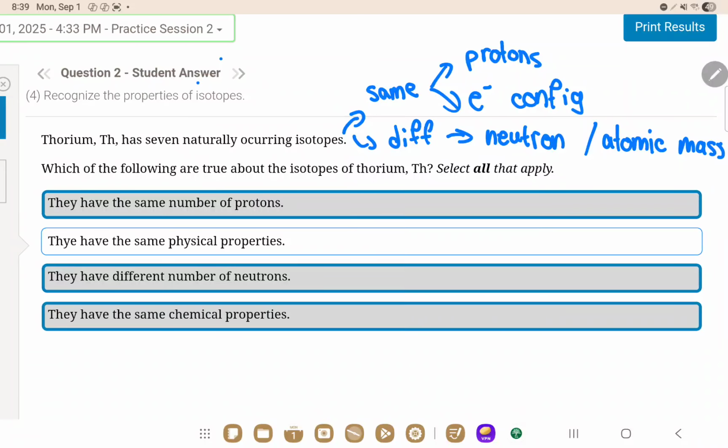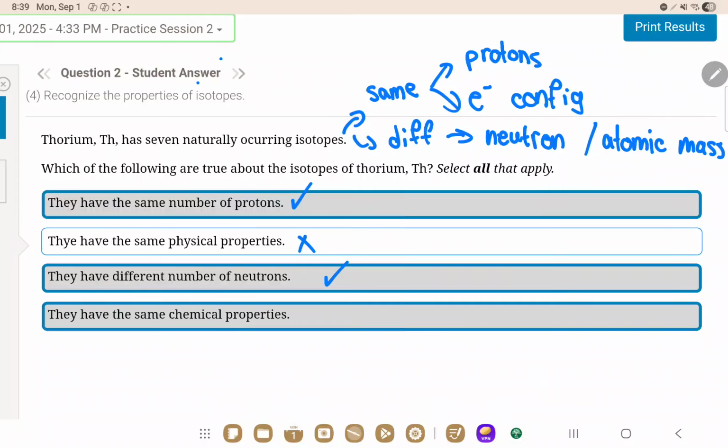So which of the following is true of the isotopes? They have the same number of protons. We said yes. They have the same physical properties. No, they don't have the same physical properties because they have different numbers of neutrons. So naturally they can't have the same physical properties. They have the same number of neutrons. They do not. Oh, they have different numbers of neutrons. Yeah, my bad.